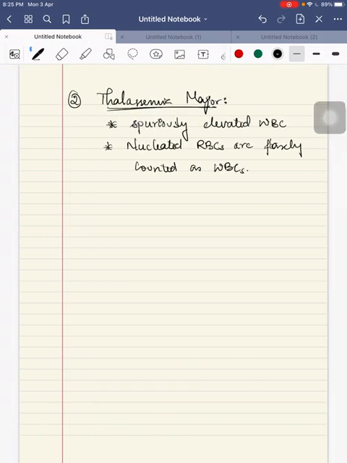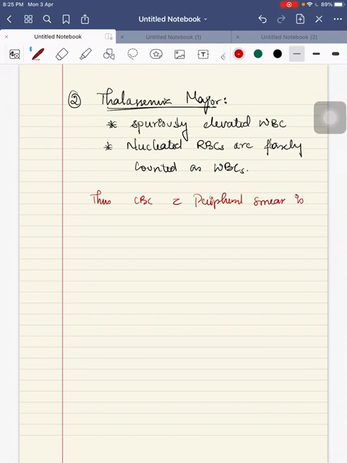So you have to differentiate hyperleukocytosis from a child having a leukemoid reaction or thalassemia major. For this, for every child when you take a CBC with a WBC count of more than 1 lakh, you should order a peripheral smear.